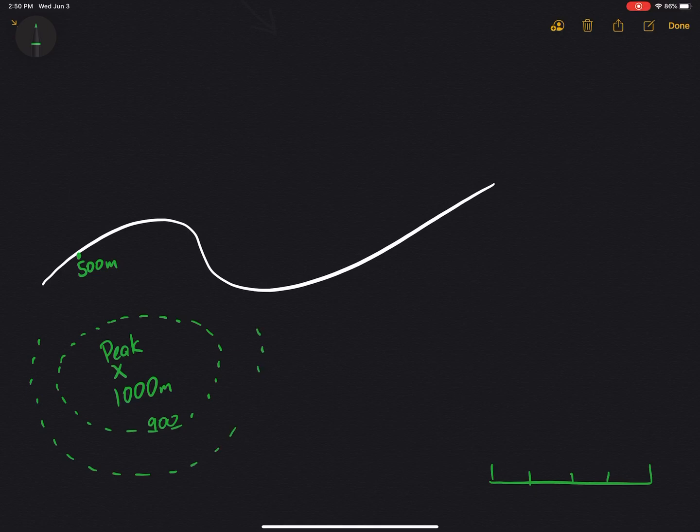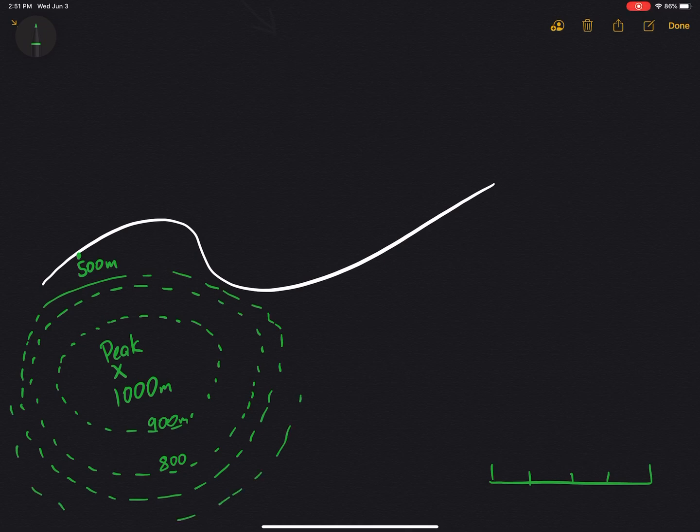Now this, strictly speaking, doesn't have anything directly to do with trail slope alignment angle, but it does help us understand kind of the shape of the landscape on which our imaginary little trail exists. The next one down would be, of course, 800 meters, and so forth and so on, until we get down to the elevation where our trail intersects the nearest line, at 500 meters in that case.